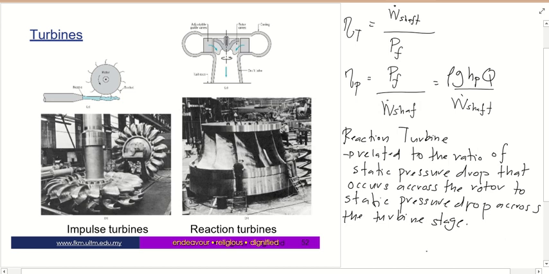For the impulse turbine, as you can see in this figure, this is known as a Pelton wheel impulse turbine.